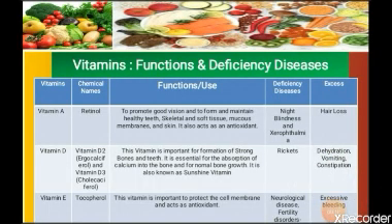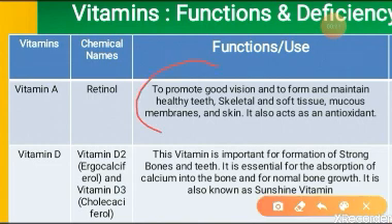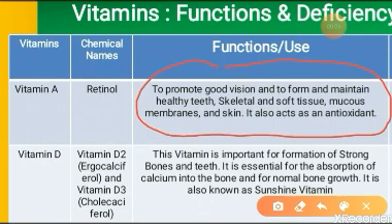Vitamins, functions and deficiency diseases. Vitamin A is known as retinol. It promotes good vision and helps to form and maintain healthy teeth, skeletal and soft tissues, mucous membranes, and skin.